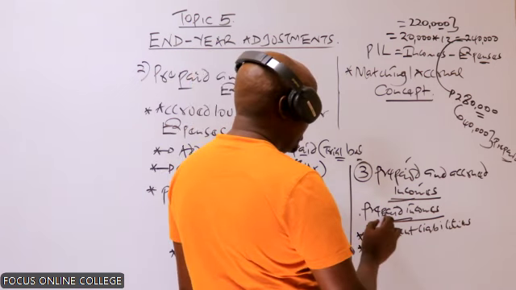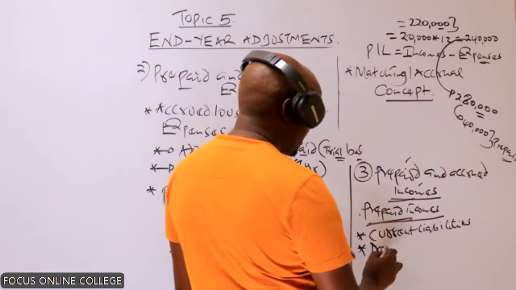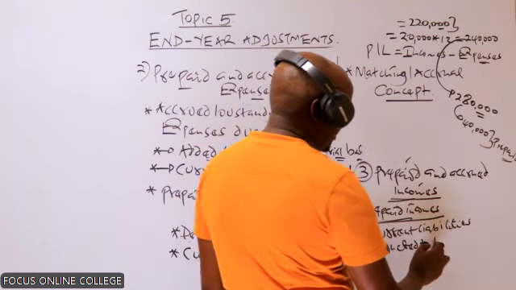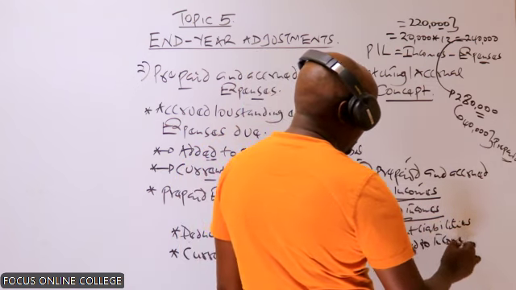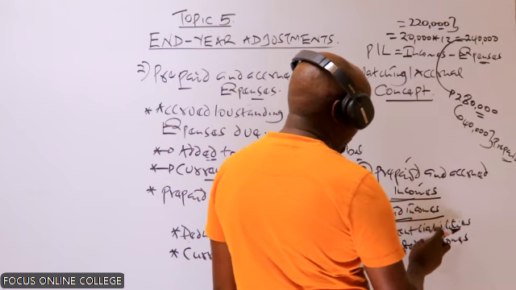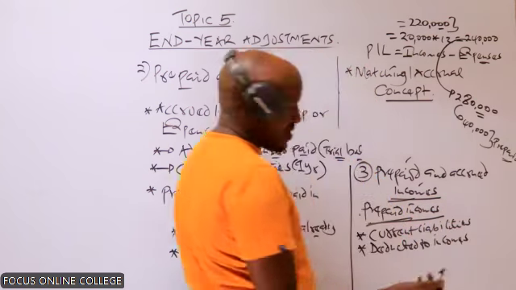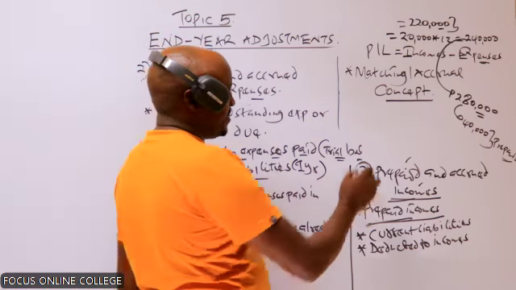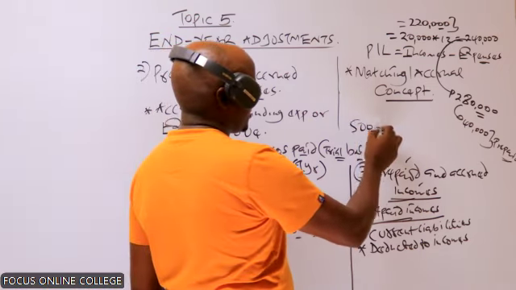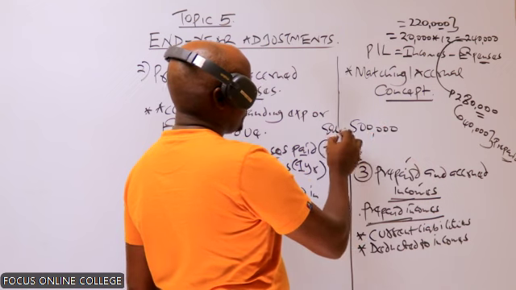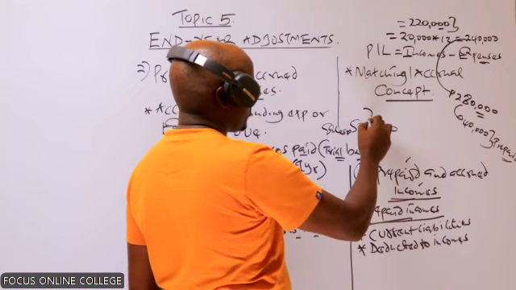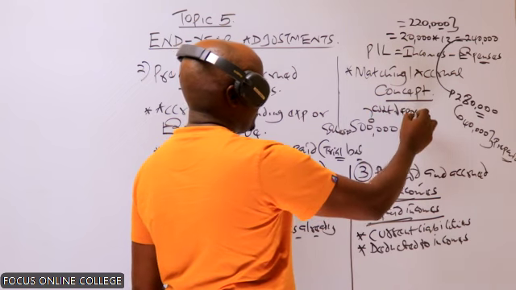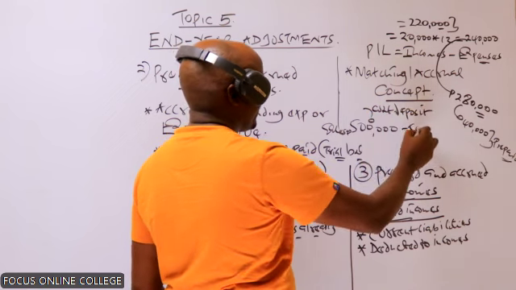Number two, this one is also deducted from the incomes for that year. A good example is whereby you can be told that the sales made by the business was 500,000. These are the sales of the business, but you're told that these sales include a customer's deposit of maybe something like 50,000.